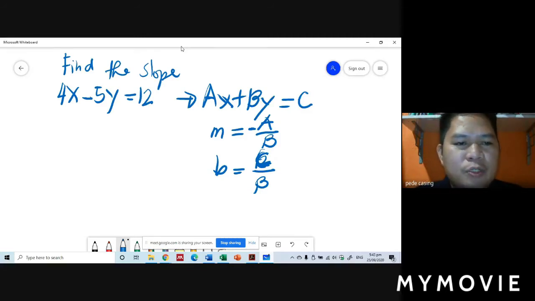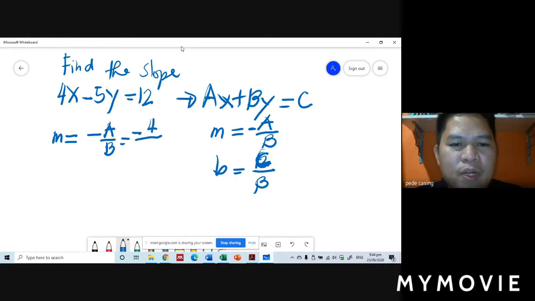So for our solution here, you just put m or the slope, you just copy negative, di ba na siya negative? Sige, copy sa nato ang negative a over b. Okay, negative a, what is our a? This is 4. You copy 4 over, our b is negative 5, this one.